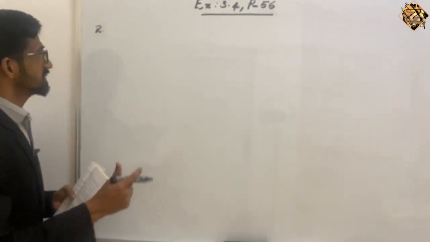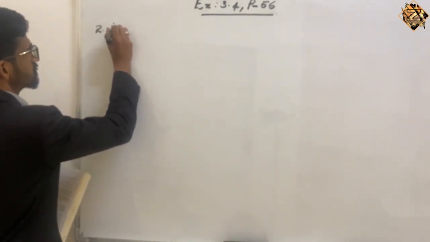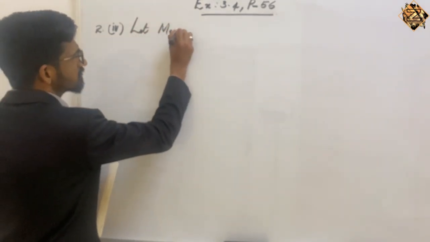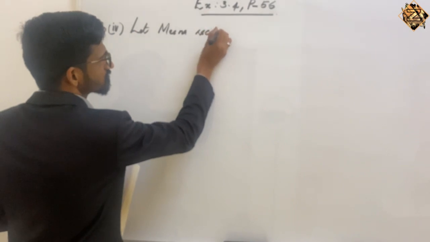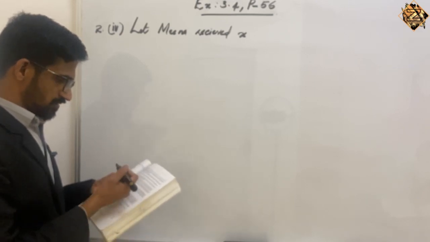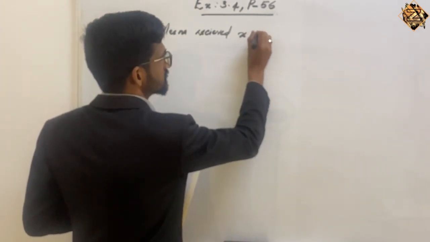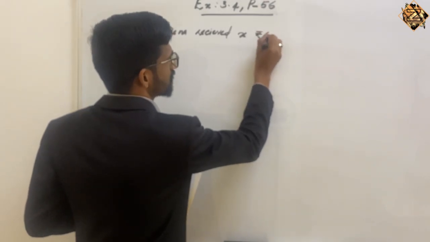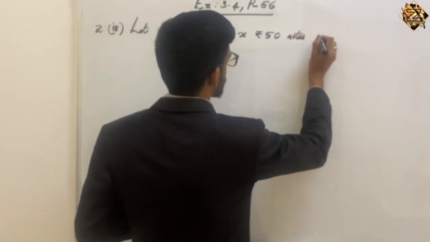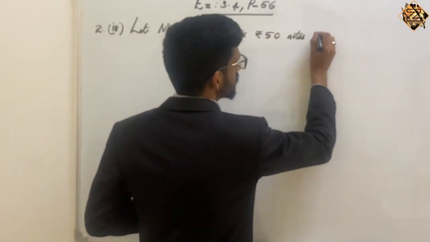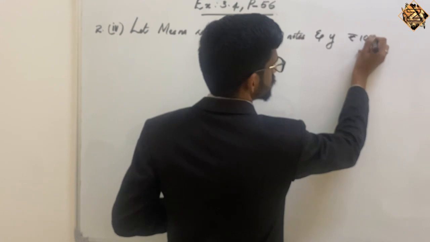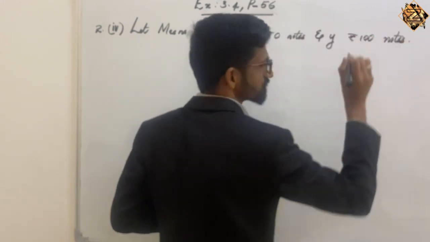So first let's assume that, question number 4, Meena received X number of rupees 50 notes and Y number of rupees 100 notes.